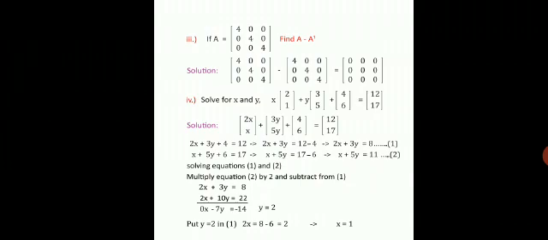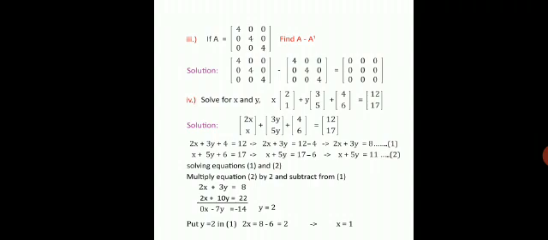Put y is equals to 2 in either the second equation or the first equation to find the value of x. So here I put the value of y in 1, that is 2x plus 3y is equals to 8.